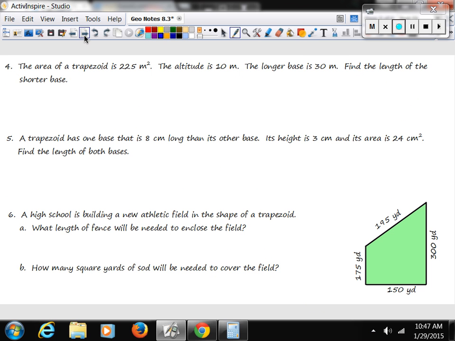So in this problem, right here, we use our formula, height, base 1 plus base 2 over 2. They're giving us the area, they're giving us 225. They're giving us the height as 10. They're not giving us B1, but they are giving us B2 as 30.